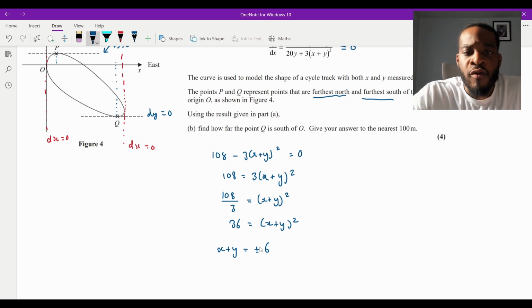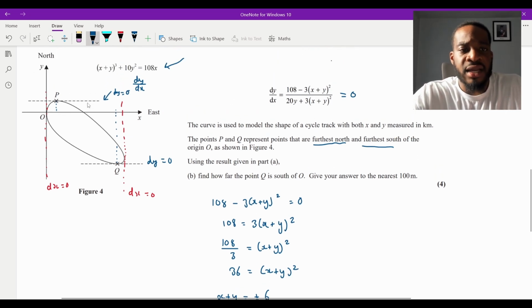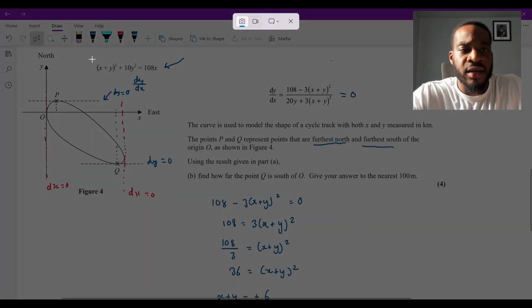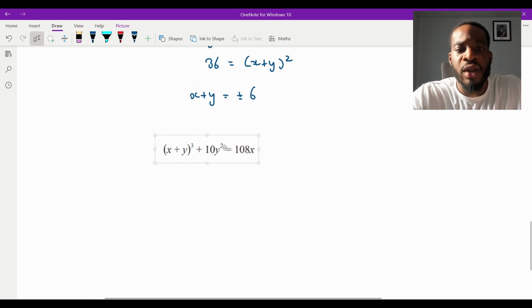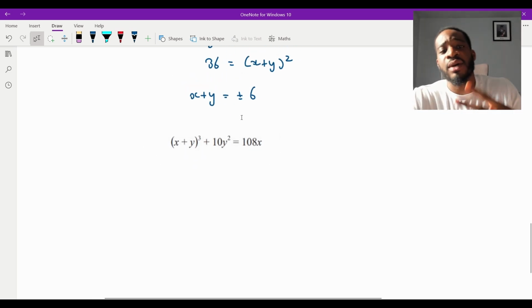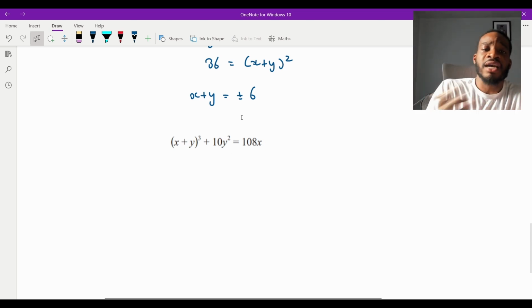Now we are here. Remember our original curve is that there. Let me actually grab it. So we have it. Remember, because you've actually got an expression for x plus y in your original curve, you don't actually need to rearrange this one anyway. You can just plug it in. But the question is now, which one am I going to pick? Am I going to pick x plus y is positive 6 or x plus y is negative 6?